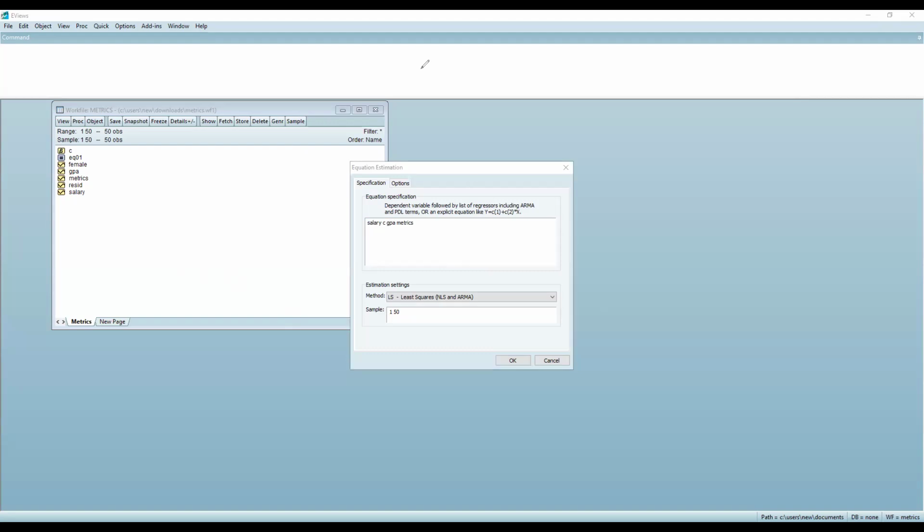So use salary, C, GPA, and metrics. You can use either capital or small letters. The program is capable of that.